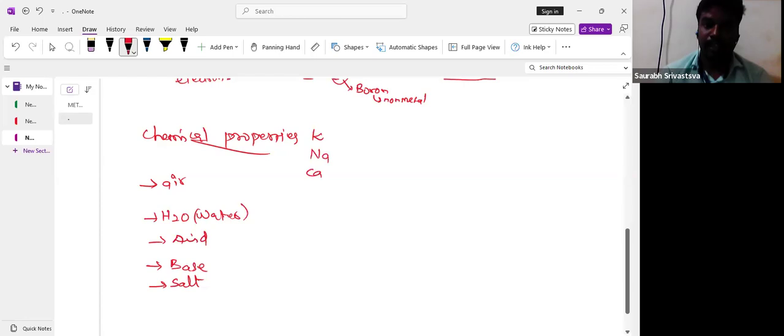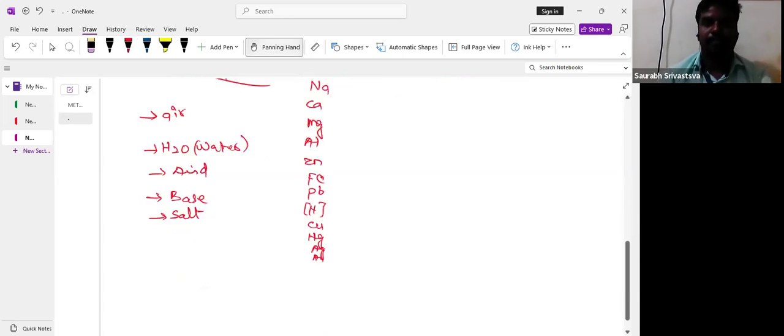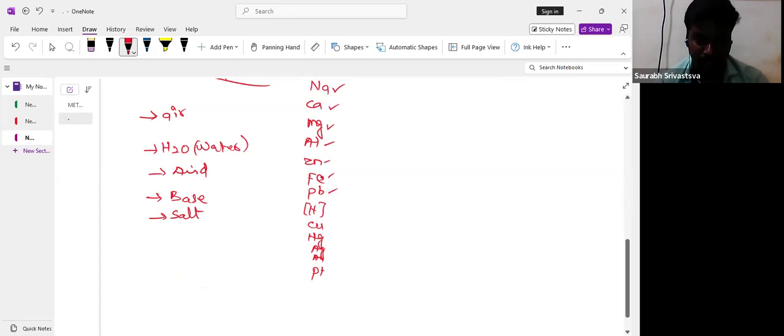Third, calcium, magnesium, aluminum, zinc, iron, lead, hydrogen, copper, mercury, silver, gold, and the last one is platinum. So: potassium, sodium, calcium, magnesium, aluminum, zinc, iron (Fe), lead, hydrogen, copper, mercury, silver, gold, platinum.